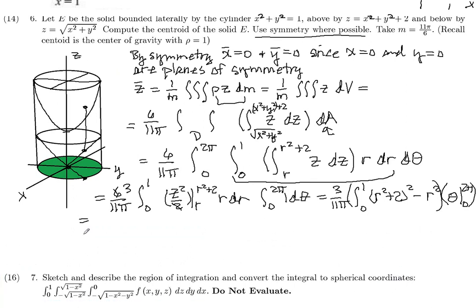So let's see, r squared plus 2 squared. So r squared plus 2, r squared plus 2. Got to FOIL that guy out. So first term's going to give us r to the 4th. So we'll have a 3 over 11 pi in front, and then this is going to be integral 0 to 1, r to the 4th. Outer terms here, 2r squared, inner terms 2r squared, so it'll be plus 4r squared.